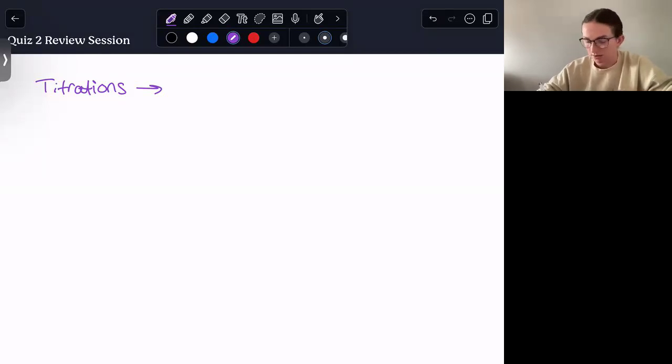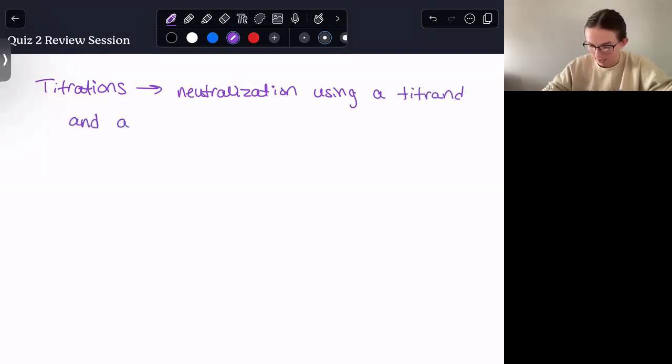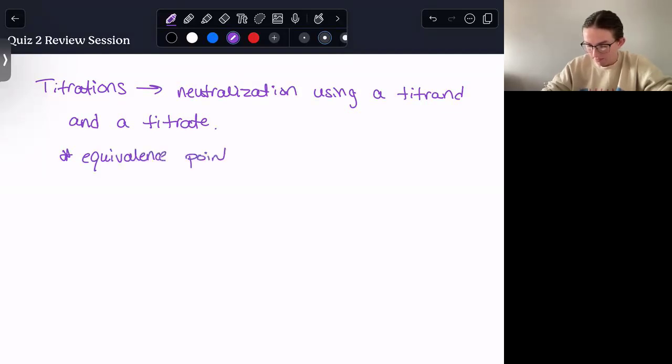But with titrations, so titration is going to be the neutralization using a titrand and a titrate. Important things to know about titrations is we have the equivalence point. Can anyone tell me what they know about the equivalence point?